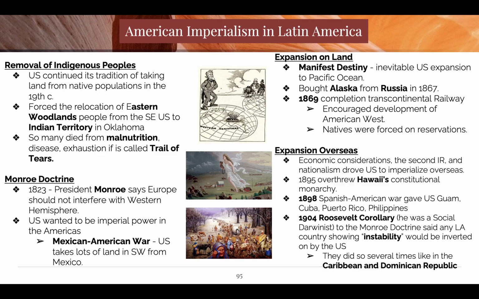We don't want Europeans coming all the way into the Western Hemisphere and exploiting Latin America because we want to exploit them, and will we? Yes, we will. So the Monroe Doctrine is telling people they cannot come and exploit. Perfect example will be the Mexican-American War, where we just take over territories.